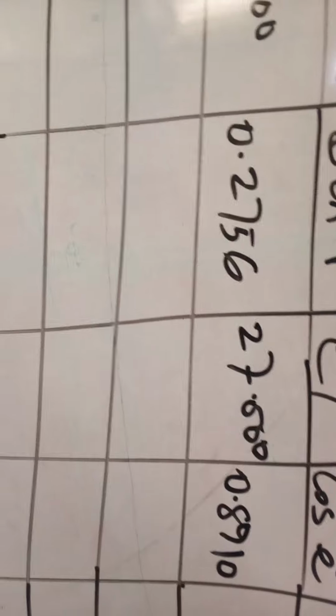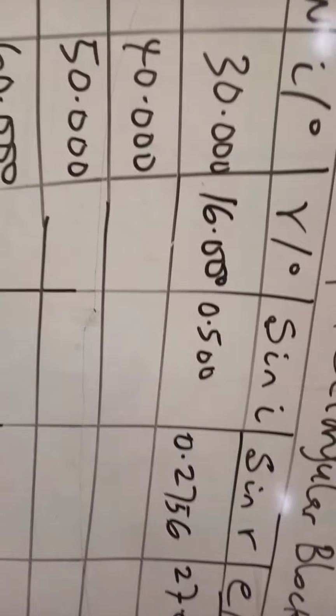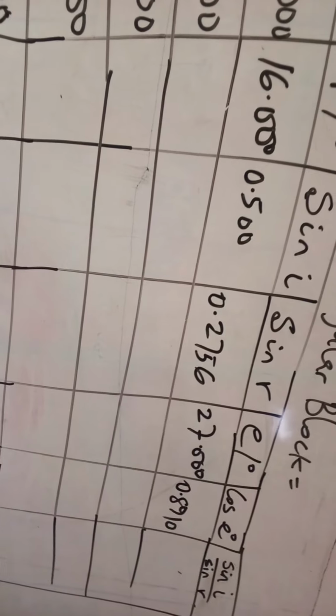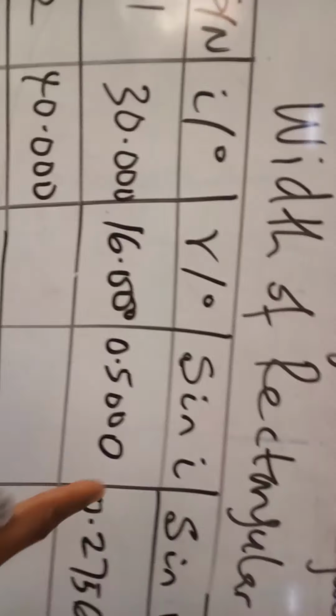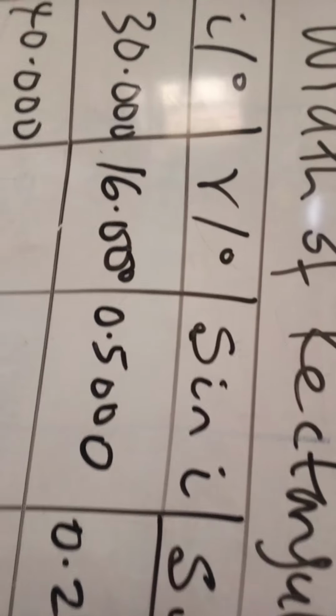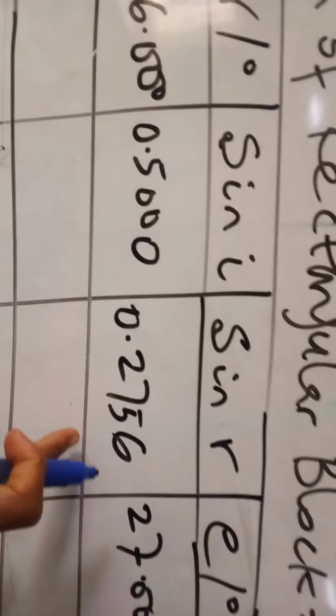Then sine I over sine R, you divide sine I by sine R. These are trig ratios, please. Your trig ratios, sine, cosine, all of them have to be in 4 decimal places. Take note, they must be in 4 dp. Other ones can be in 3, but this must be in 4 decimal places.